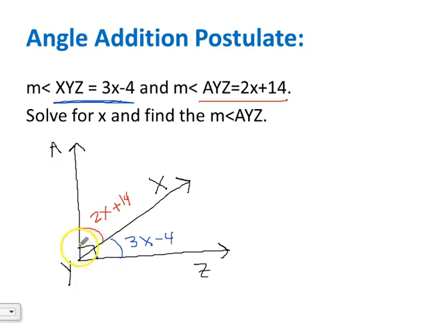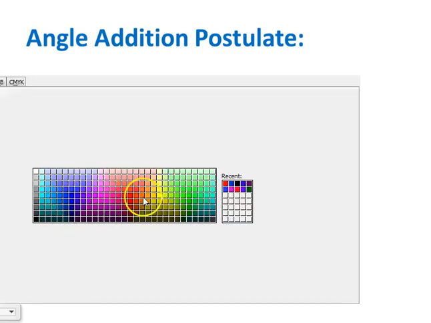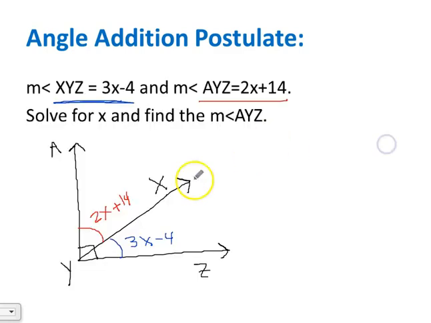I want you to check out this little square in the corner. What does that square tell me about the measurement of angle AYZ?